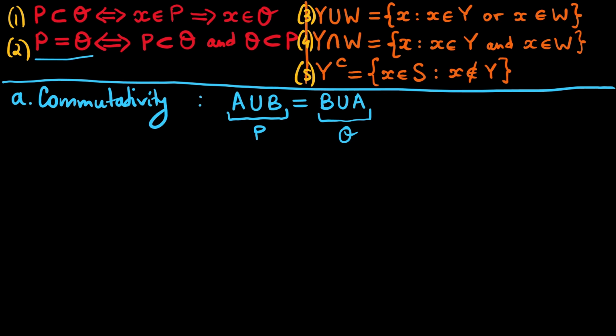Okay, so then the first thing we want to show is that P is a subset of Q. And how can we do that? Well, from definition 1, P is a subset of Q if the right side is true. Okay, so then we'll want to look at this right side.